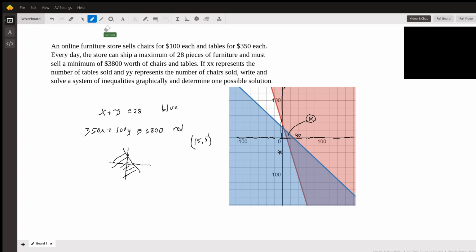And also I want to clean this up, because we need x and y to both be positive or 0. So that's a point, any point in there.